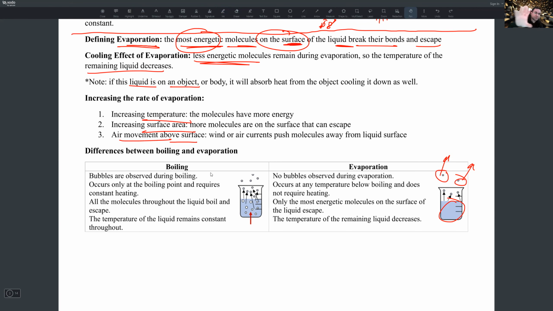Now, this is as far as what the syllabus wants you to know. But you ask a really good question. Does humidity count? Humidity does affect evaporation. It's not part of the curriculum, but it's sometimes accepted in mark schemes, because the more humid the air is, the less evaporation will occur.